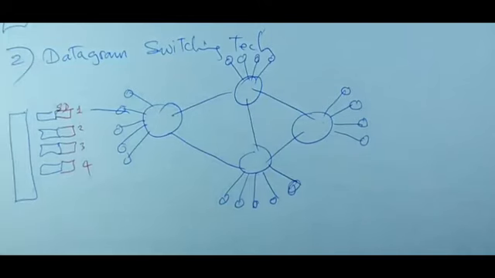Because remember, the best way to communicate with somebody is if you have a direct link with them. There are two ways to communicate. You either have a direct link to the other person, a wire connecting your machine with your friend's machine, and you can send as much data as that link can carry.